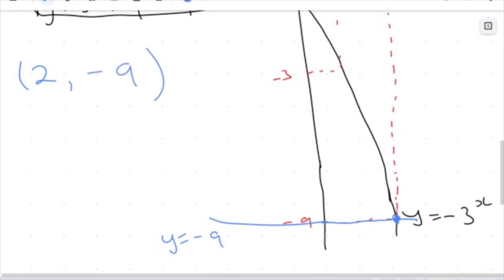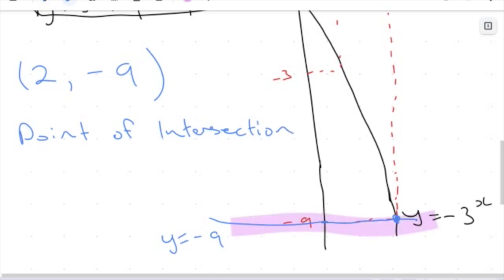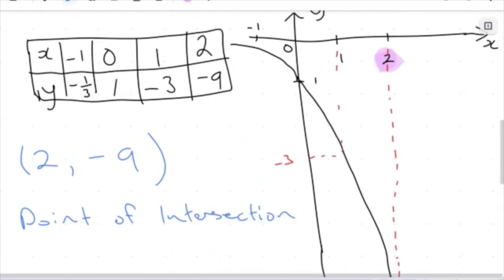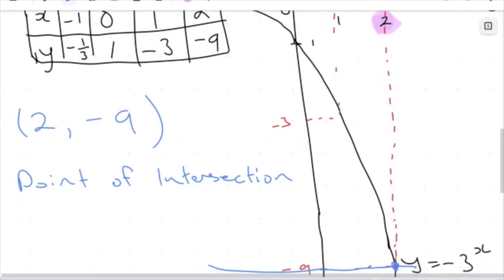So I have that there. This is my point of intersection of these two graphs, my graph of y equals -9 and y equals -3 to the power of x. This sort of upside down exponential here.